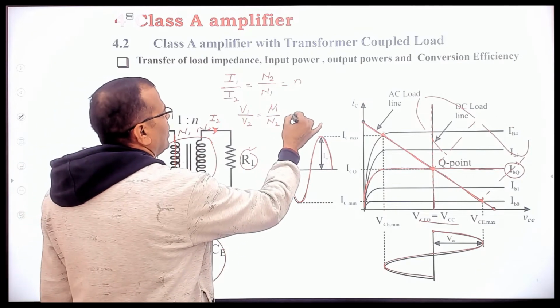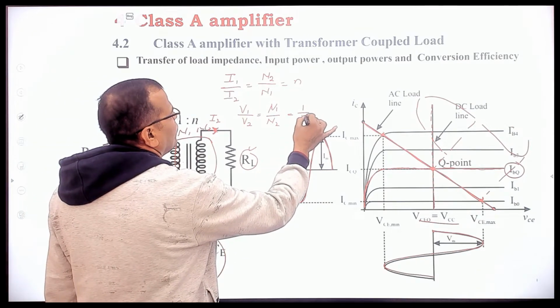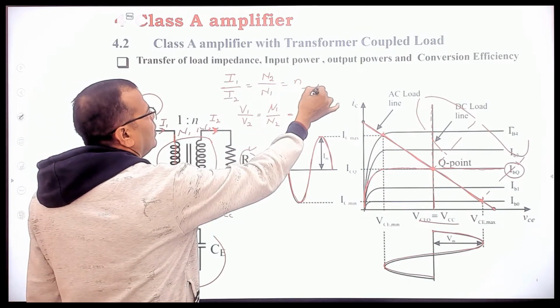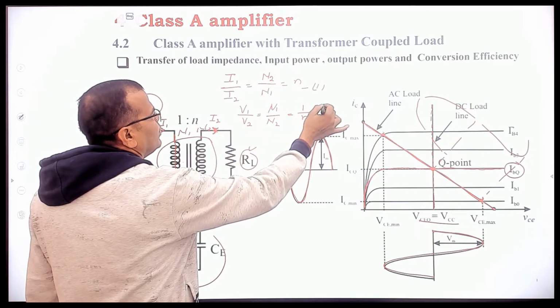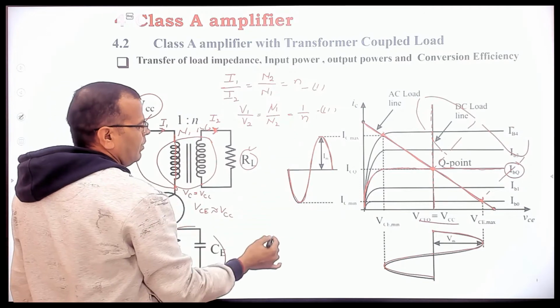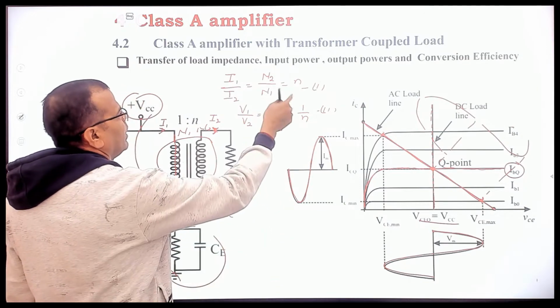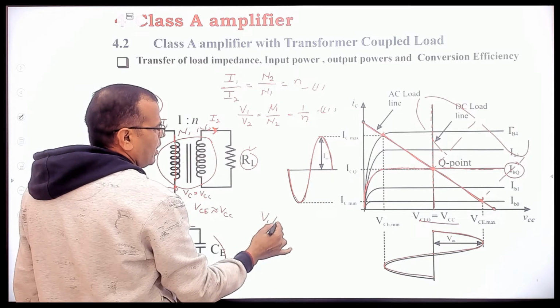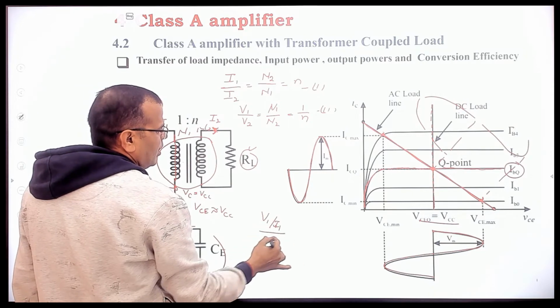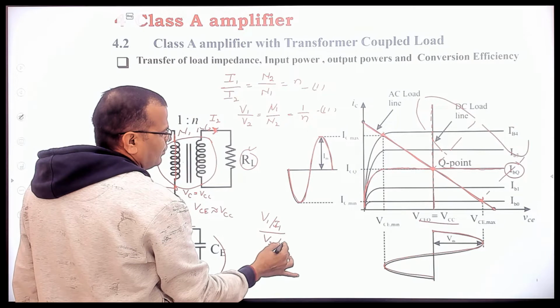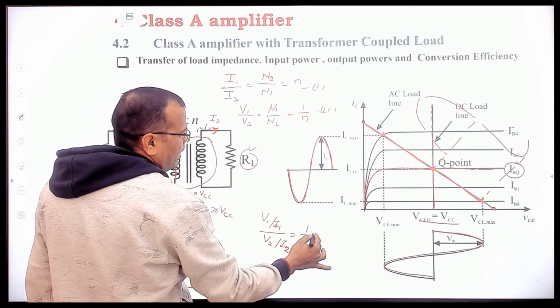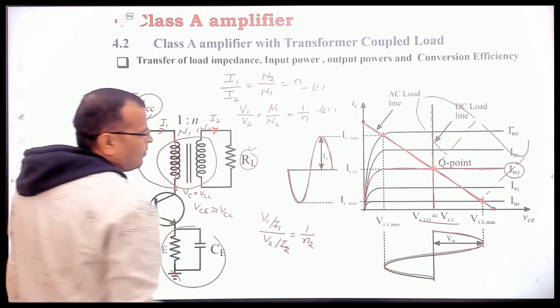Now say this is equation 1, this is equation 2. If you divide equation 2 by equation 1, we will have V1 upon I1 equal to V2 upon I2 divided by n square.